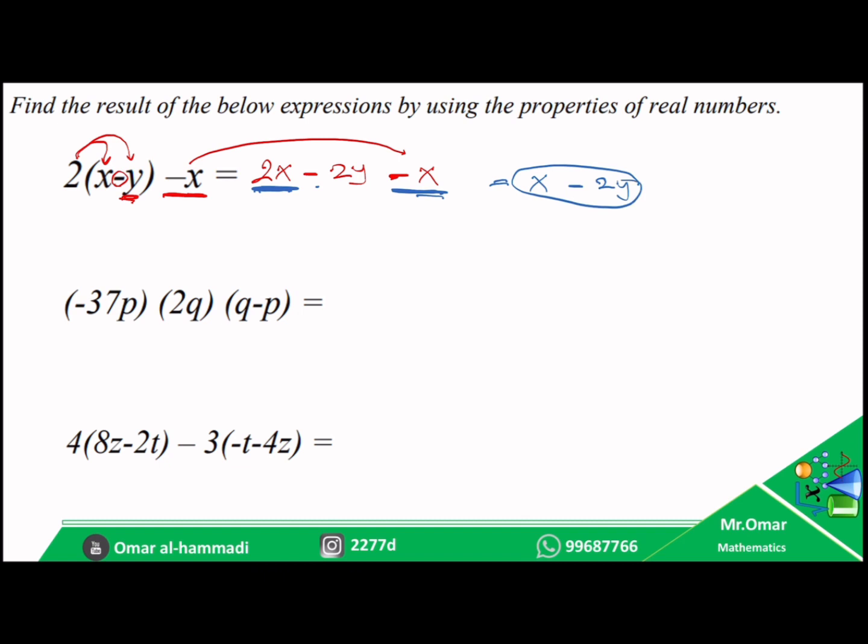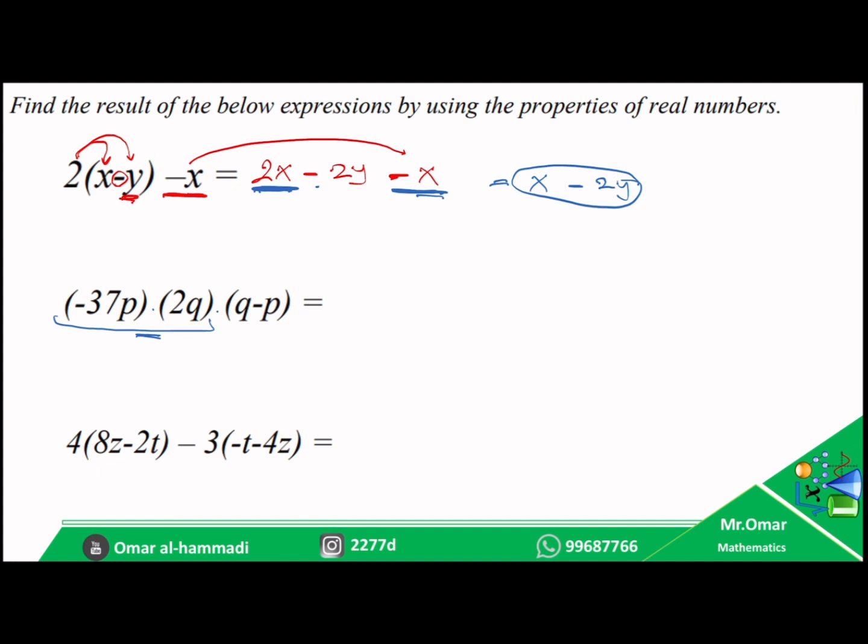Okay. And this is minus 37pq, multiplied by 2q, multiplied by (q minus p). So first of all, we will start with these 2 multiplication. We will multiply this.